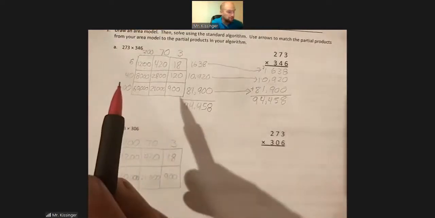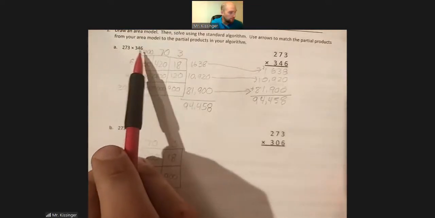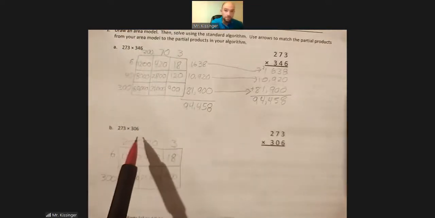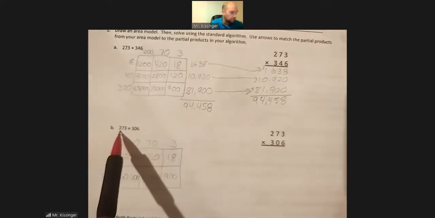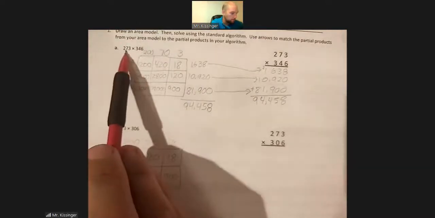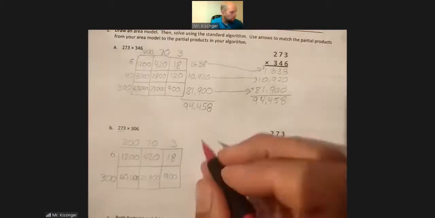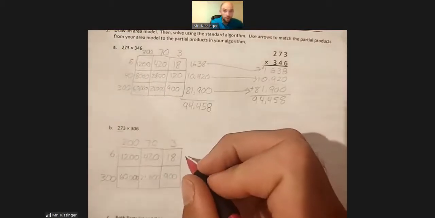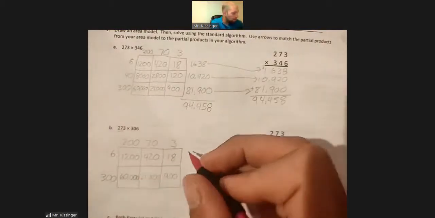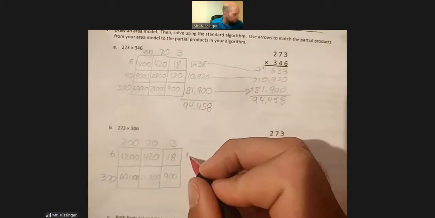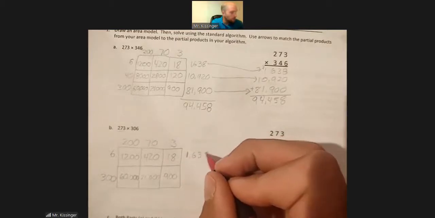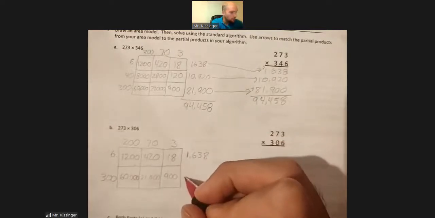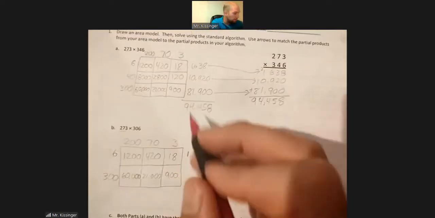Now, this should make sense because our hundreds place and our ones place are the same, and our first factor is the same as well. So we add up our top row here. The first partial product is 1,638. And then our bottom one, well, we already added that up as well.